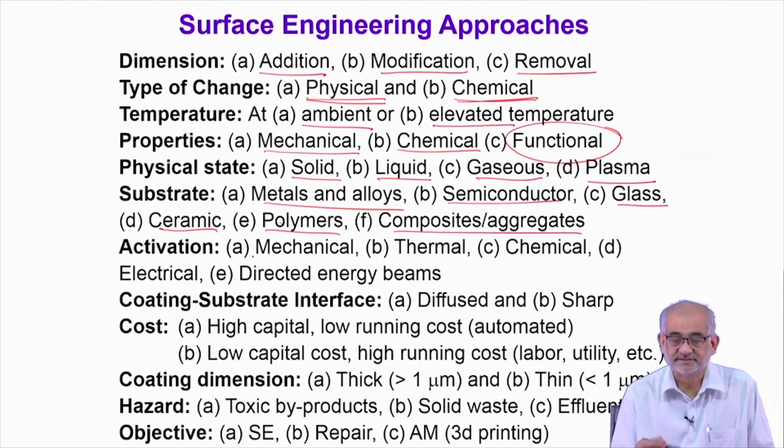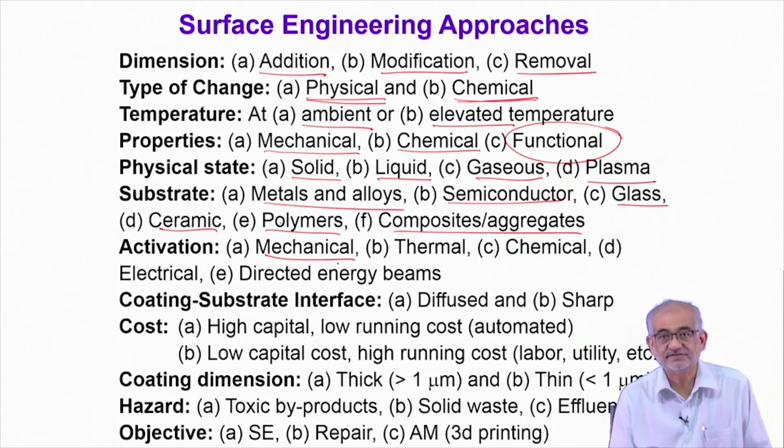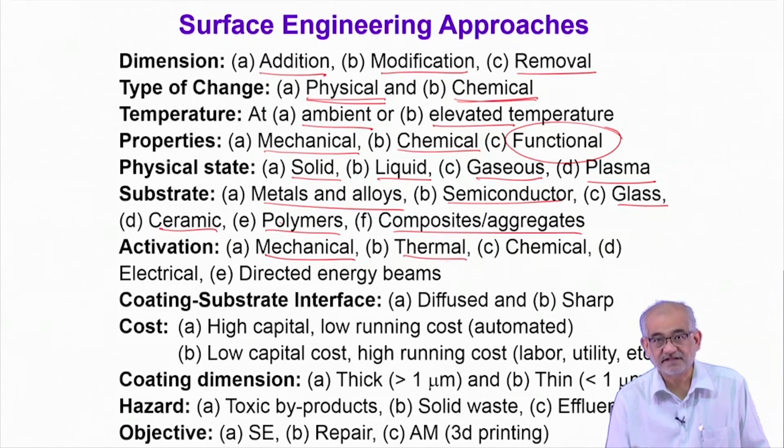The activation, the driving force where the changes actually come from, could be of mechanical nature, say for example, surface rolling or skin pass rolling or shot peening and so on, or thermal in nature. A vast majority of them are thermal in nature, all these diffusional processes.